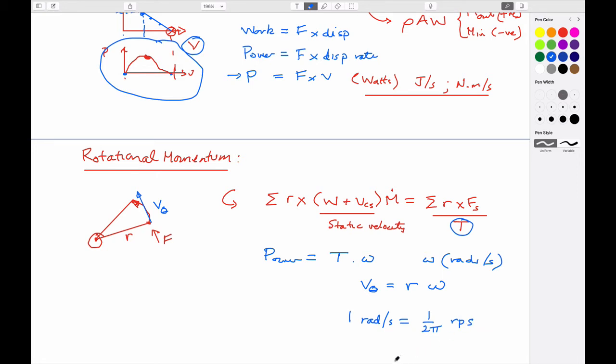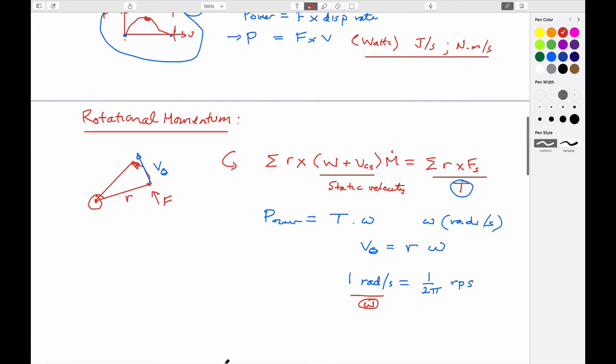And so we can use this conversion factor, where this radians a second is basically what we're defining omega as. So this magnitude here is omega. So between those, you probably have all of the expressions that you need to be able to do stuff for this particular midterm. So the other thing we could do is we can also go through the notes.